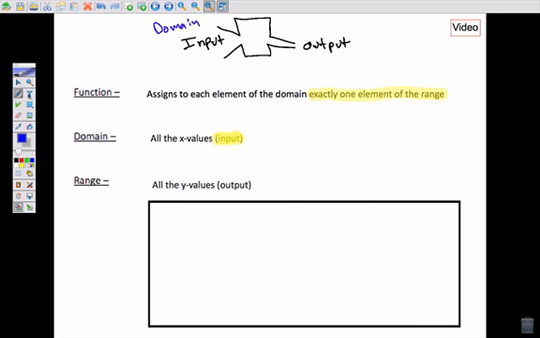These are the y values, or your output. So a function takes one element from the domain, in other words, one input, does something to it depending on the rules of the function, and then gives one output, which is an element of the range.